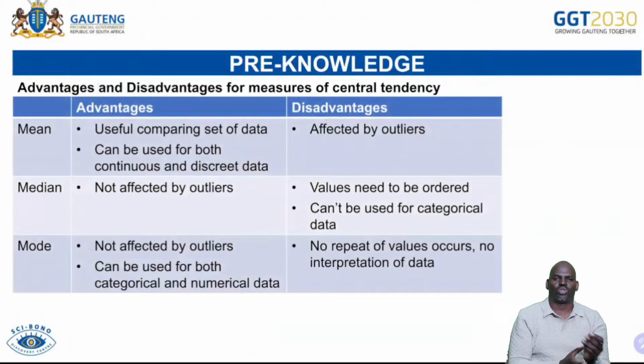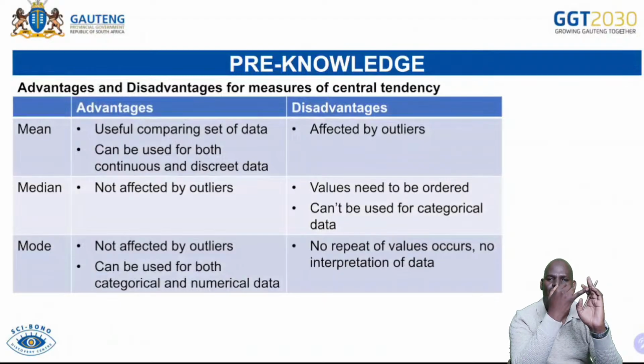Then with regard to the advantages and disadvantages of central tendency, boys and girls, this one I'm just going to simplify for you in terms of the possible question that the examiner might ask you. Remember, the examiner might ask you to determine mean, median, and mode.